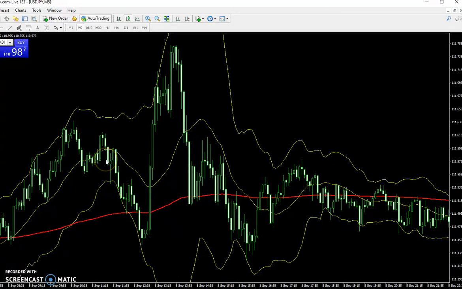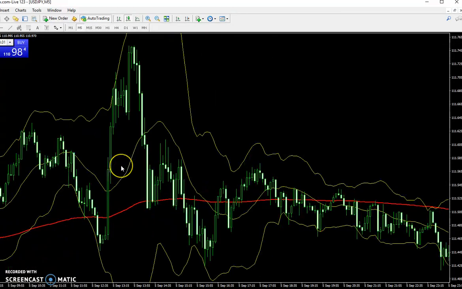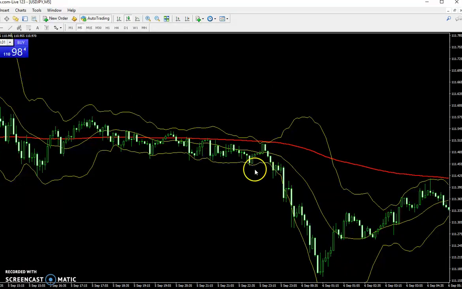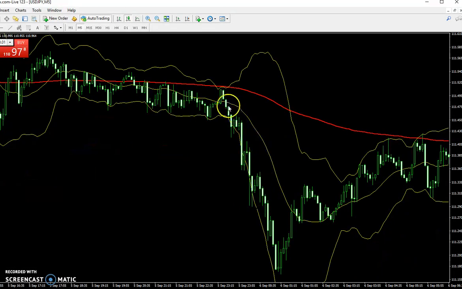So this is how it works. Let's say for shorts, you're going to look for the opposite price action. If the candles touch the upper band, you look for the next engulfing. Here it didn't quite touch, but close enough.